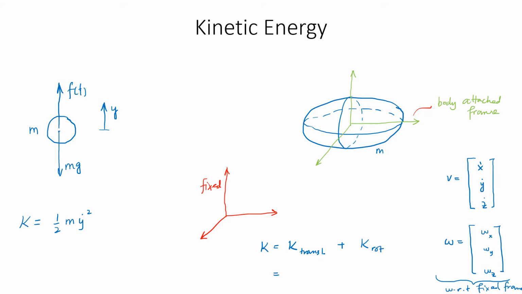So the translational part is going to be half m, the linear velocity vector transposed multiplied with the vector itself, which is squaring the velocities. And then you have the rotational part, which is going to be half omega transposed times the inertia tensor times omega. So this is going to be a somewhat upgraded version of the kinetic energy that we have seen earlier.